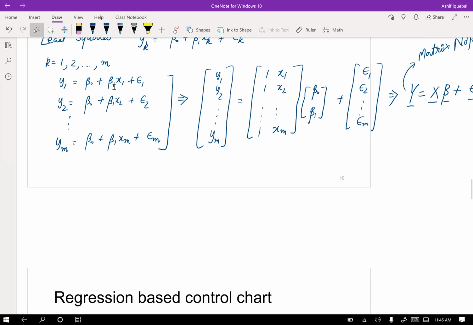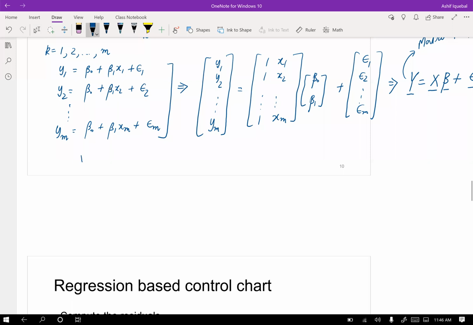Okay, so now you have regression in the form of a matrix, y is equal to x times beta plus epsilon, right? Now for least squares, it says to minimize epsilon transpose epsilon.